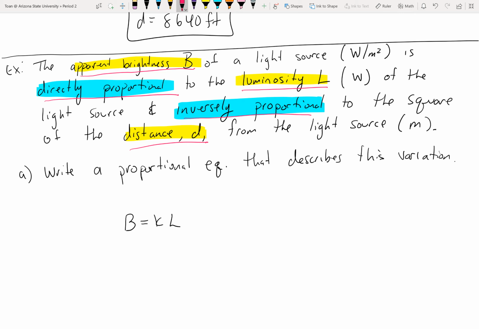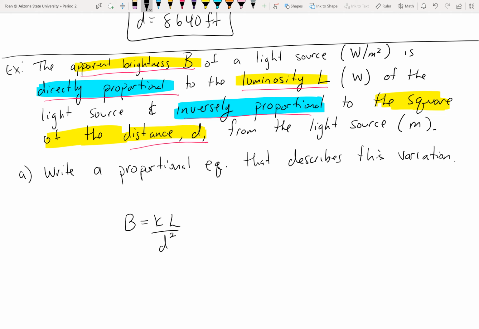So I got to put the letter D into my equation. Since it's inversely proportional, it will be on the bottom. Now it also says the square of the distance. So I'm not just going to put a D down here. It says the square of the D, so it's D squared. That is the equation. Easy peasy. We're done.